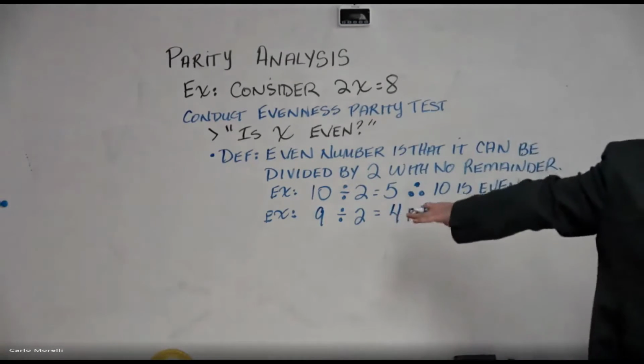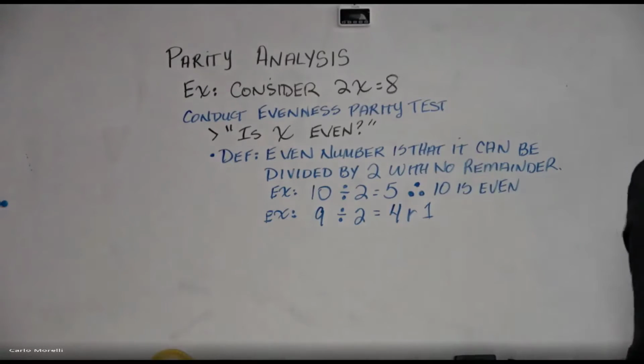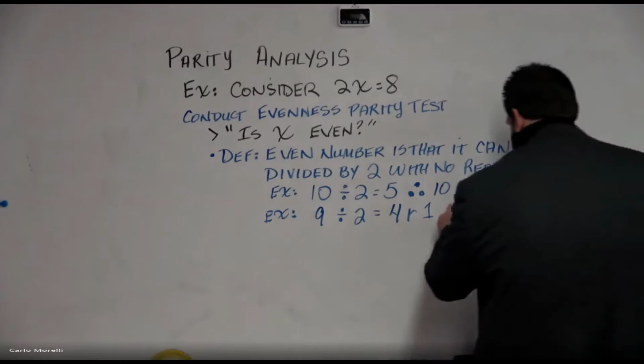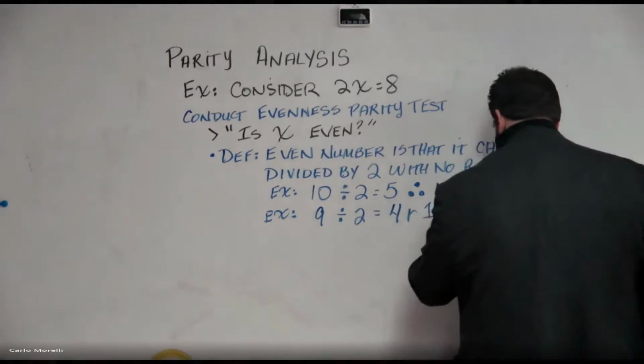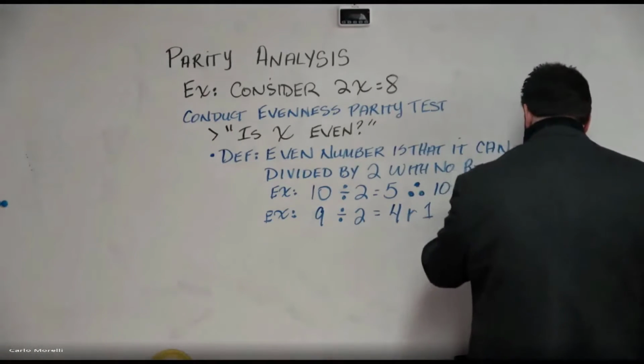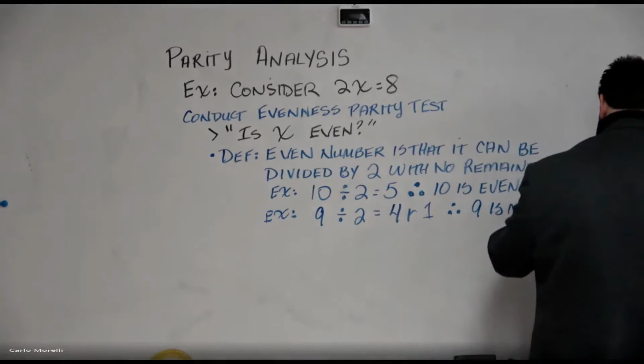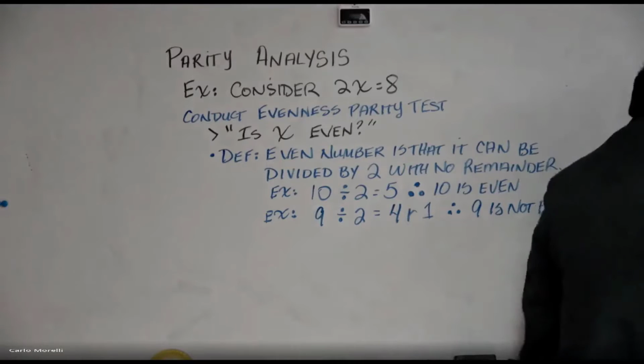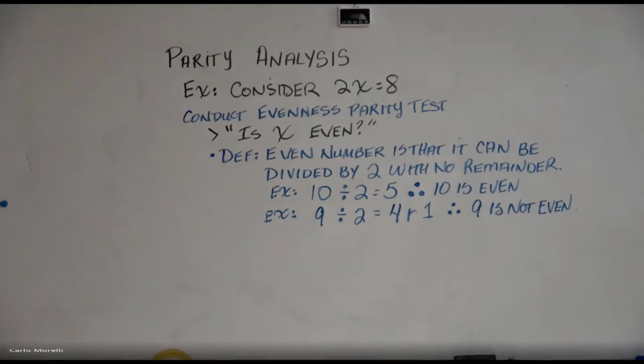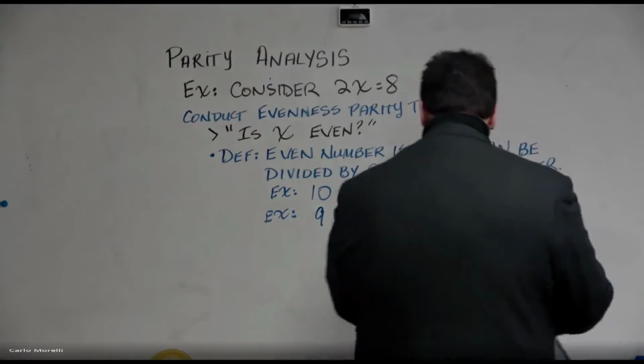Okay, so does 9 divided by 2 result in a quotient that has a remainder? Yes. Okay, therefore, 9 is not even. Notice I did not say that 9 was odd. We haven't proven that yet. You know that it's odd, and we'll prove it in a minute. But right now we know that 9 is not even, because it has a remainder when you divide by 2. Okay?